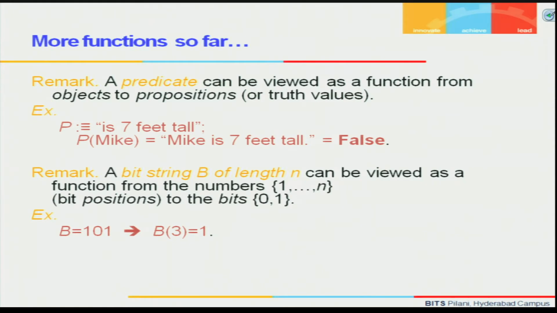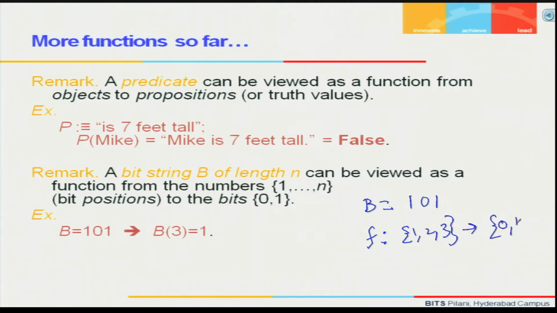And similarly, you have got a bit string, say something like this. You know what a bit string is? This is a bit string of length 3, isn't it? If you call this bit string b, this can also be seen as a function. This is basically a function acting from 1, 2, 3 to 0, 1.